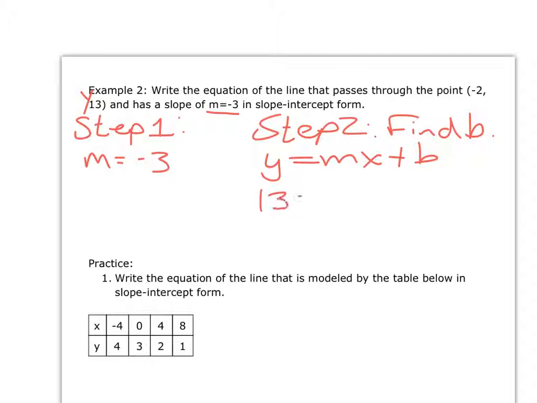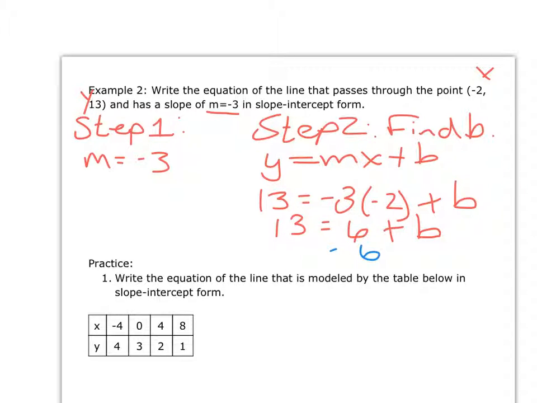So I have 13 equals m is negative 3 times x is negative 2, because negative times a negative is a positive, plus b. So now we have an equation with everything substituted except for that b value, right? So to solve for b, negative 3 times negative 2 is positive 6 equals 13 plus b.